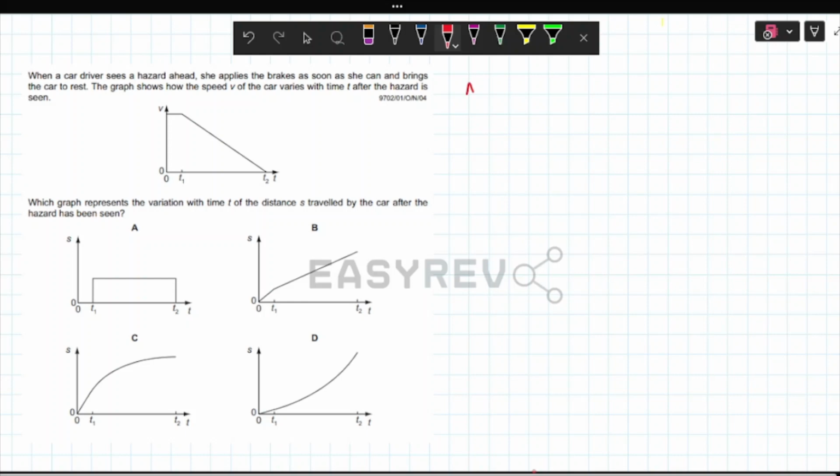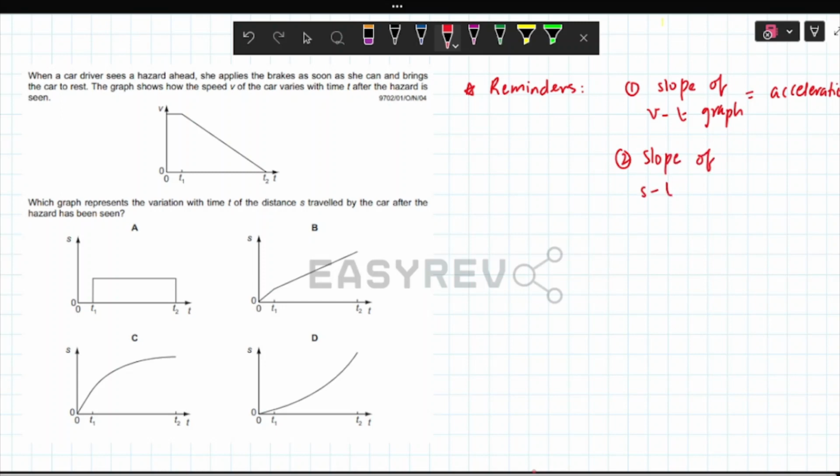Here we'll have to remind ourselves of two important points. Number one, the slope of a velocity time graph represents acceleration, and the second thing being that the slope of a distance or displacement time graph represents velocity.